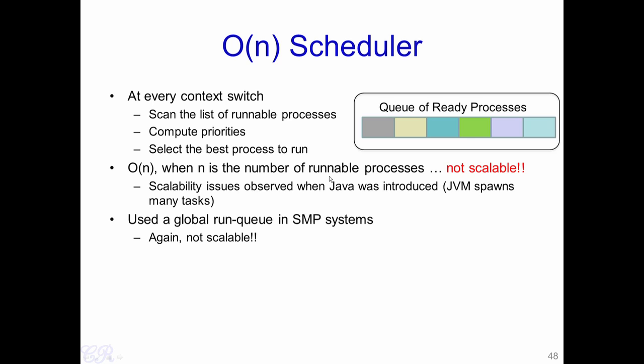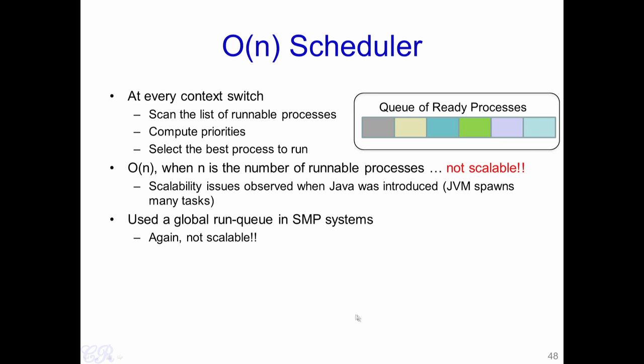These scalability issues with the O(n) scheduler were noticed when Java was introduced, in the early 2000s, because the JVM, the Java virtual machine, spawns multiple tasks, and each of these tasks is present in the ready queue. So the scheduler would have to scan through this ready queue in order to make its choice.